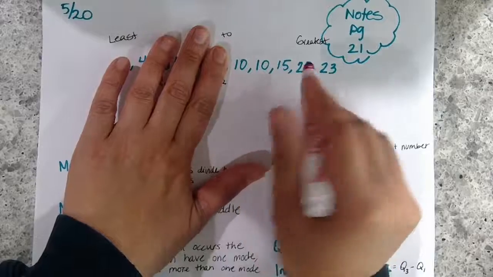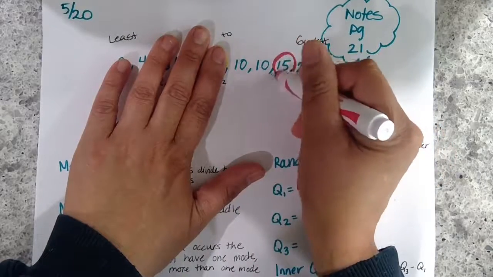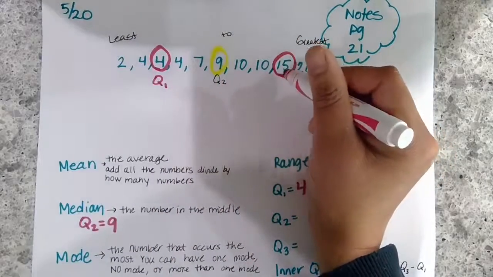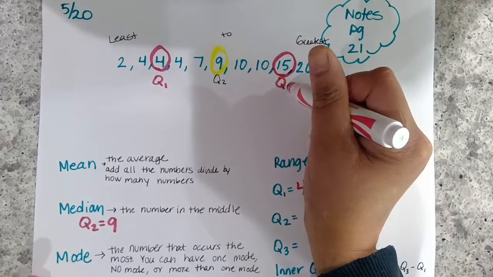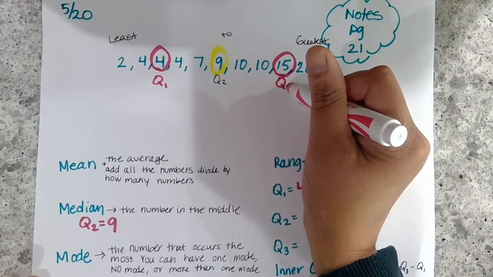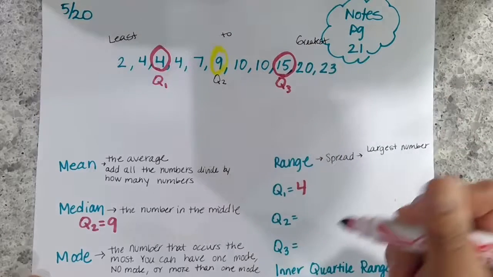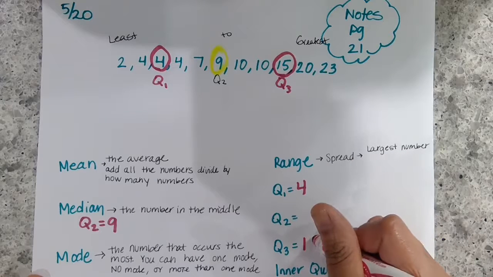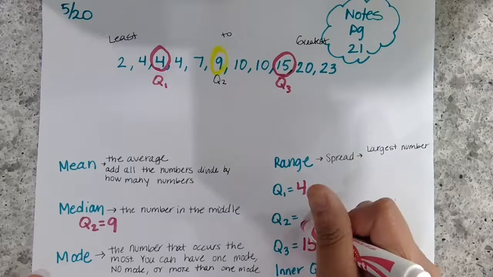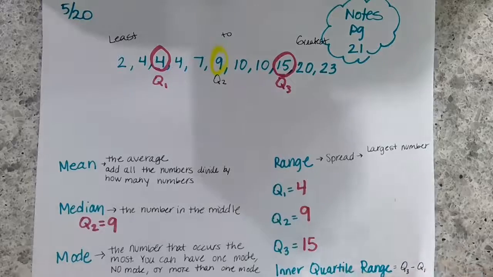The middle of these numbers turns out to be 15. Half of the upper half is quartile 3. Oh, and I forgot 2 vocabulary words. Let me go add that in. Oh, and quartile 2 is 9.